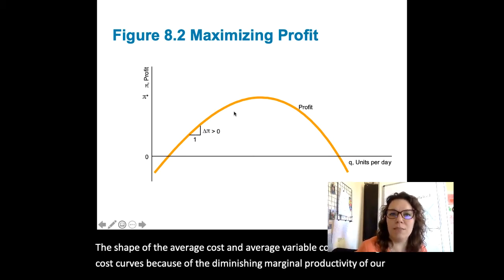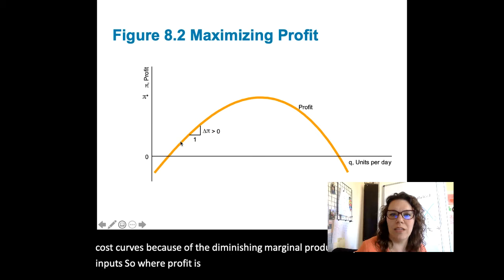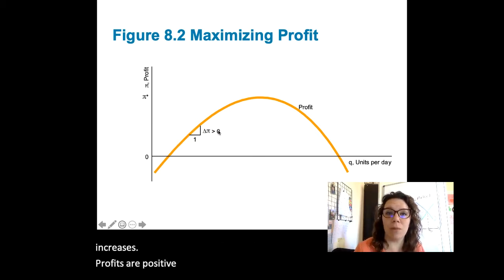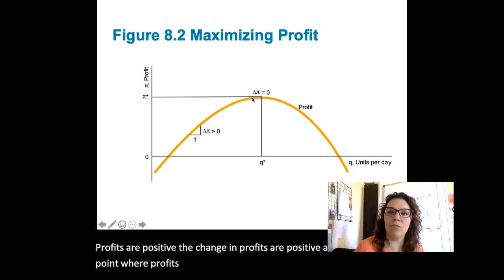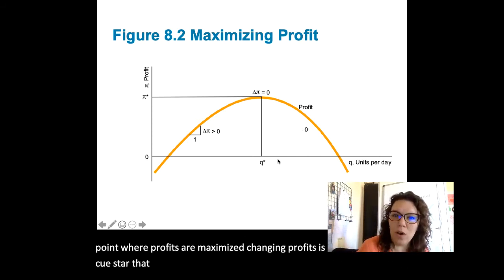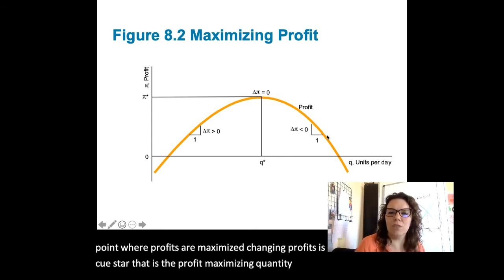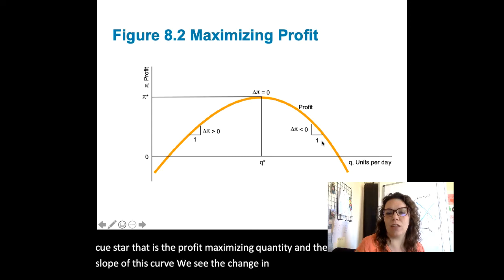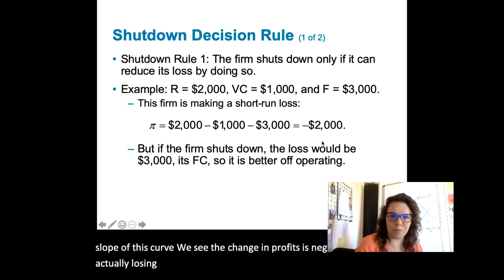So where profit is maximized, as the slope increases, the change in profits is positive. And then at the point where profits are maximized, change in profits is zero. That's our Q star. That is the profit maximizing quantity. And then on the downward slope of this curve, we see the change in profits is negative. We're actually losing profits as we produce more.